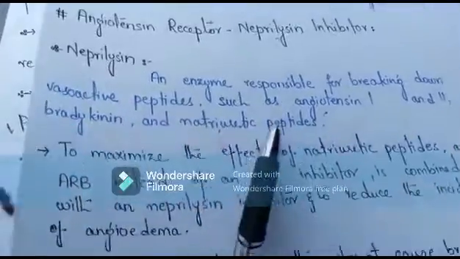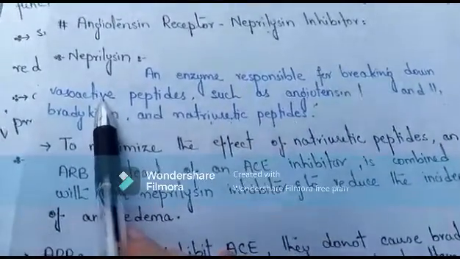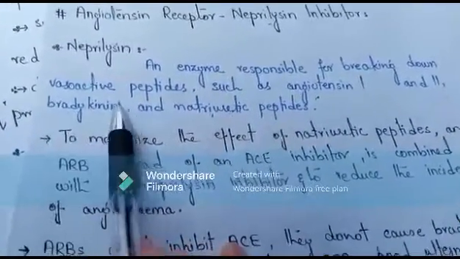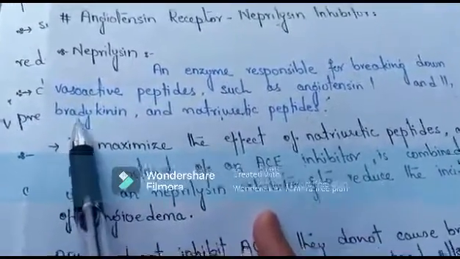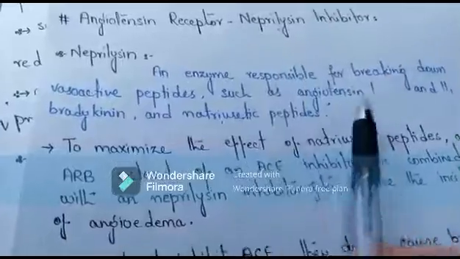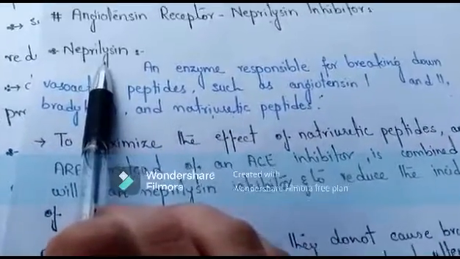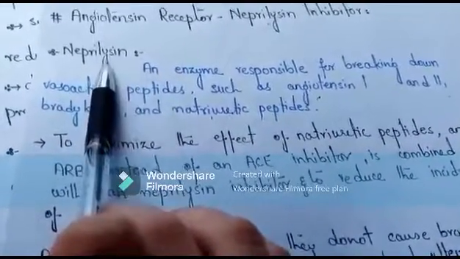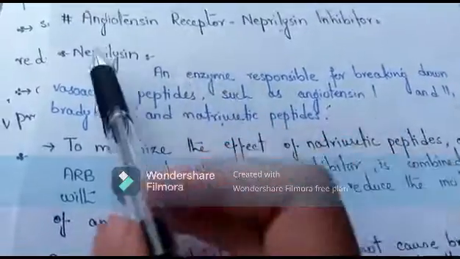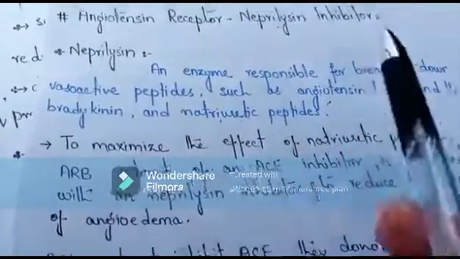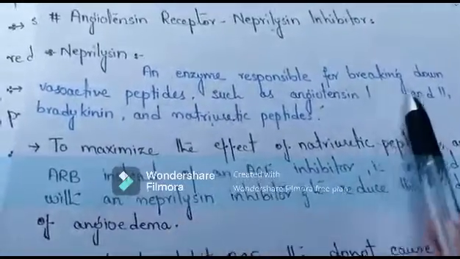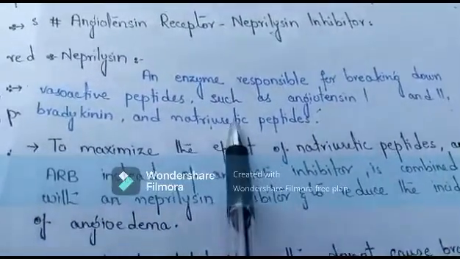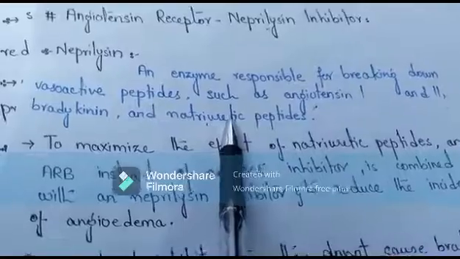If I talk about the bradykinin, the ACE is an enzyme that degrades the bradykinin, right? So the ACE is there to degrade the bradykinin. So we will give ARBs along with a neprilysin inhibitor. The neprilysin inhibitor will inhibit the neprilysin, and thus the neprilysin will not stop the function of angiotensin 1, 2, bradykinin and natriuretic peptide, right?